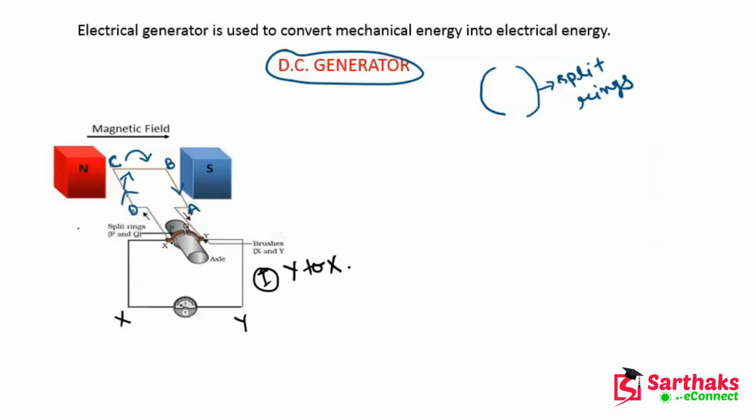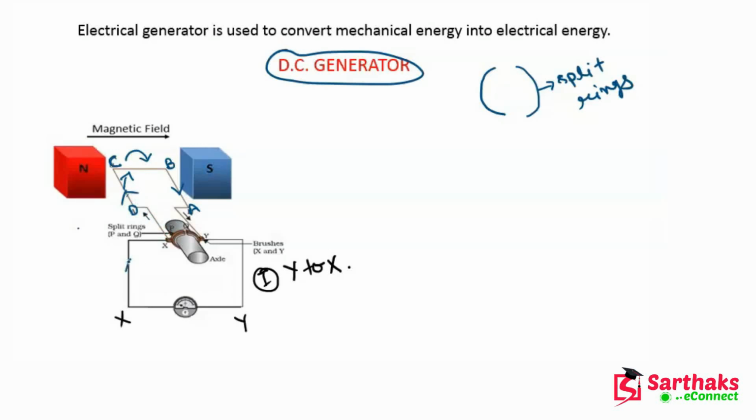So guys, now this point X is still connected to this CD. In the previous case, when this armature starts to rotate, this was connected with AB, but here it is connected to the CD.